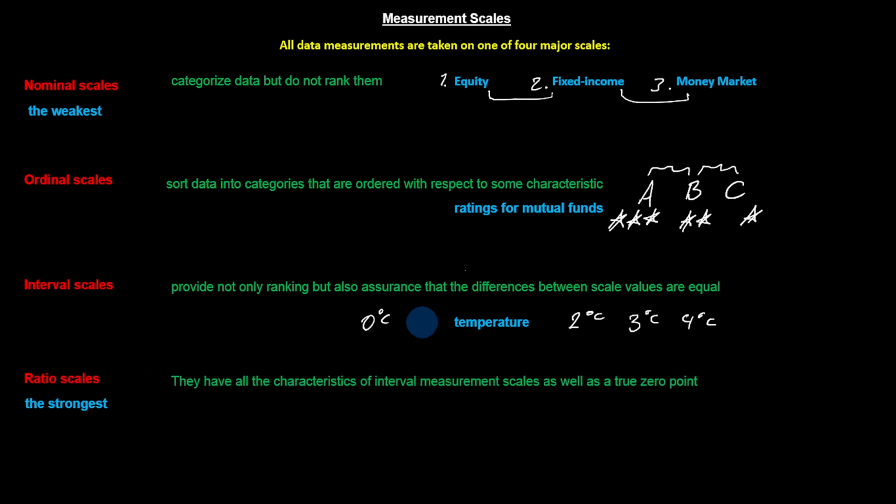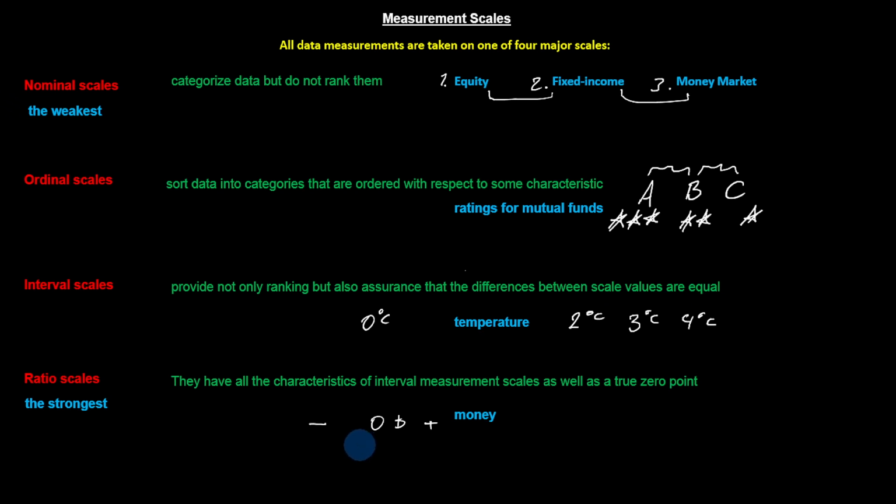And the strongest scale, the ratio scale, solves all of these problems. They have all the characteristics of interval measurement scales, as well as a true 0 point. A good example for this one would be money, meaning that if you have zero money, that means you have no money. If your money is positive, that means you have money. And if your money is negative, that means you owe money.